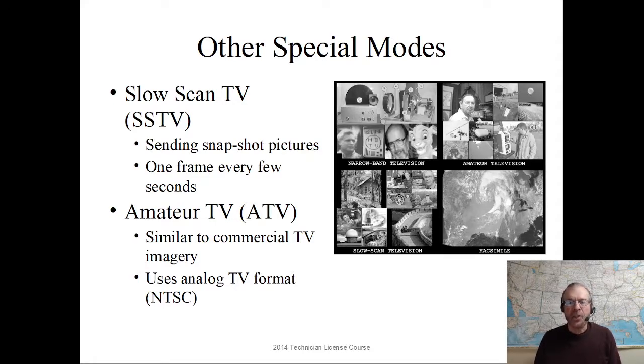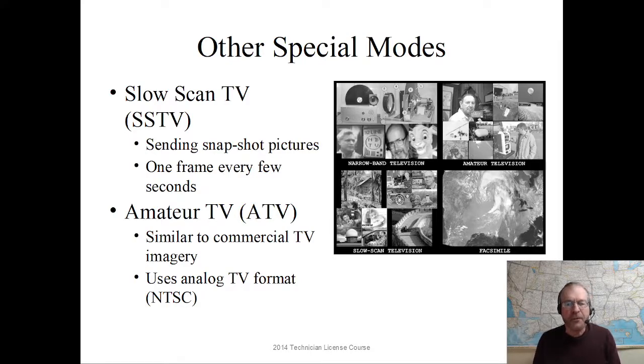These are still pictures when they come out. This shows black and white, but they can be done in color as well, and there is no motion involved. The scan is slow. It goes across the screen one line at a time to build up the picture, and once the picture is there, people will be talking on single sideband using their microphones about that picture on that same frequency.